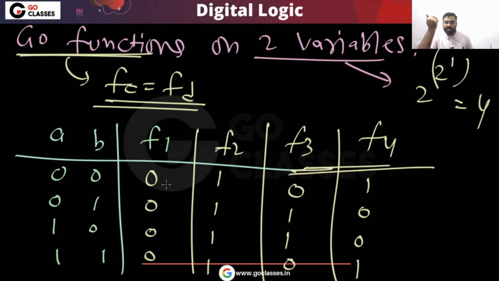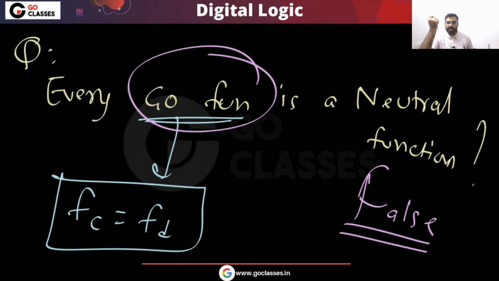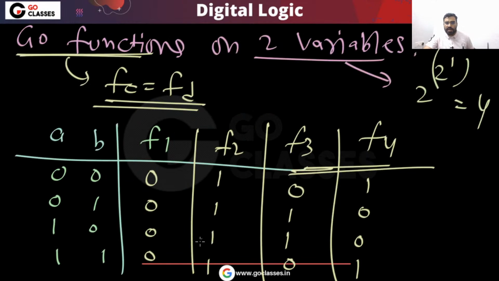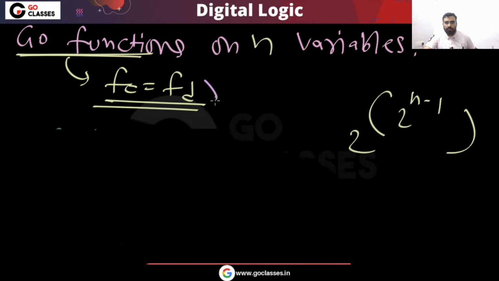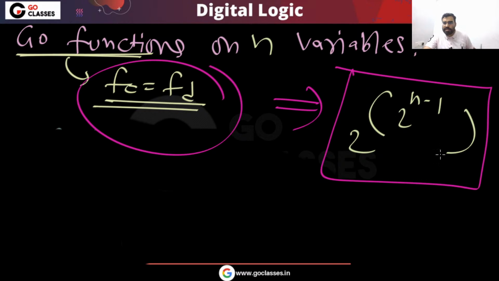So only 4 go functions are there, because go functions are the same as palindrome functions. You can check. Finally, this statement is wrong: every go function is a neutral function. Go function means those functions where f complement is the same as f dual, and the number of go functions is 2 power 2 power n minus 1. You can just check it out.